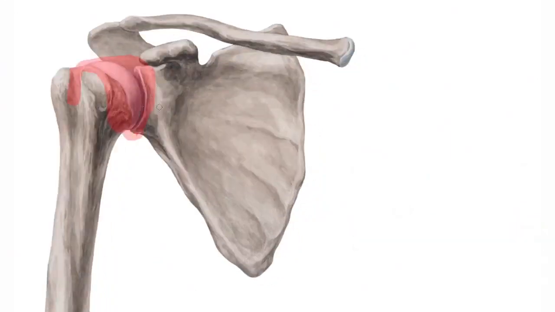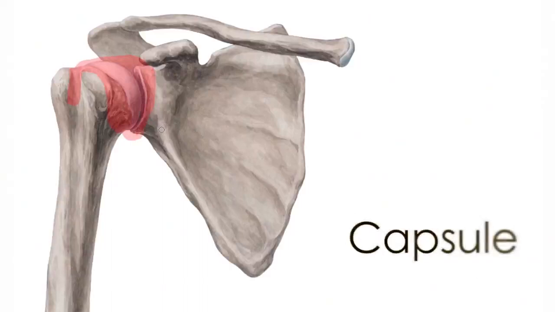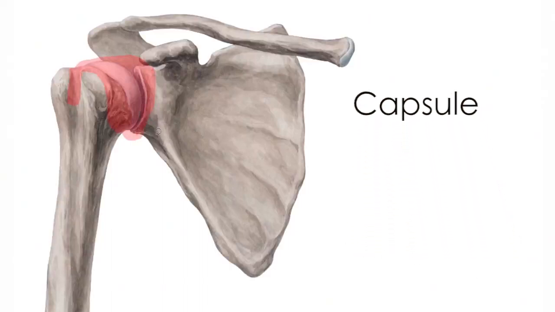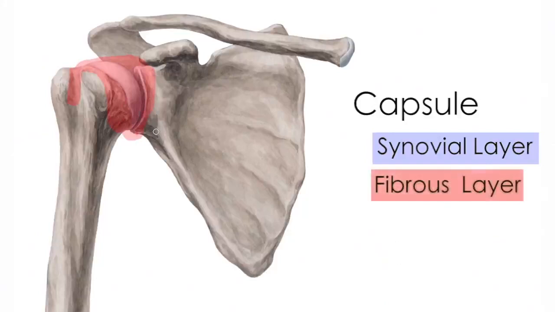As you probably noticed, we're still talking about the capsule of the shoulder joint, and from previous knowledge you know that capsules on synovial joints have two main layers, the synovial layer and the fibrous layer. Both these layers are comprised of different types of tissues, as well as their location in the capsule is different.